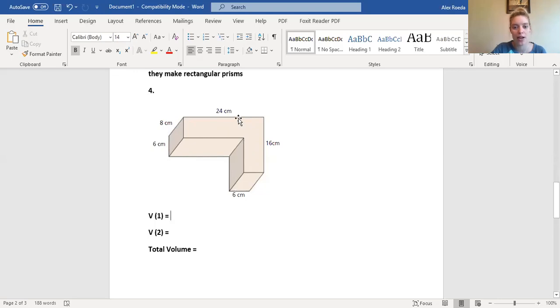I can use what I know to figure out this length. If I put a line here, since this is 6, this also has to be 6. So this length is going to turn into 24 minus 6. We know 24 minus 6 is 18. So that length has become 18 centimeters.